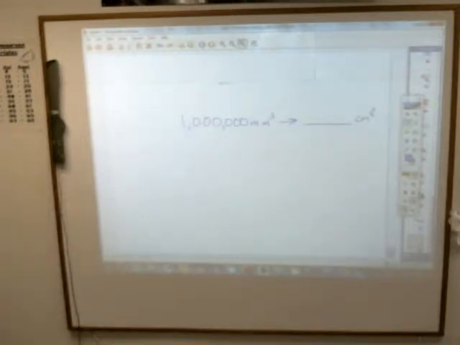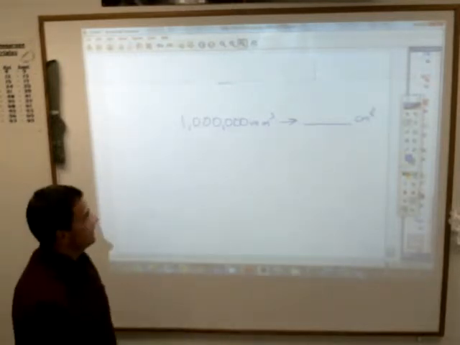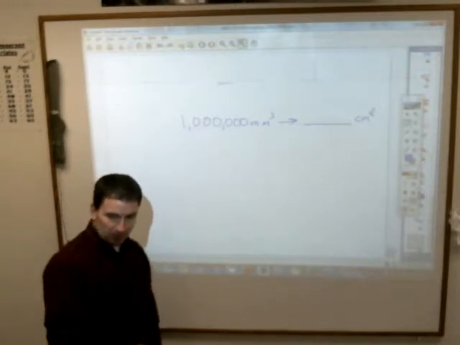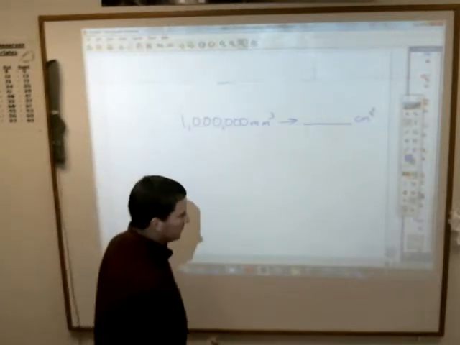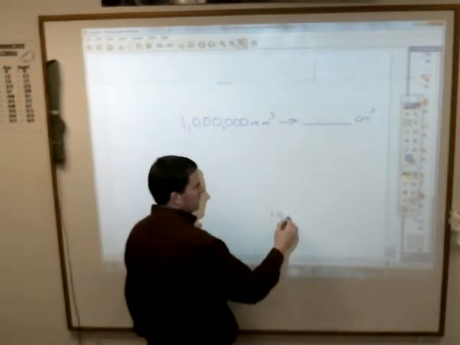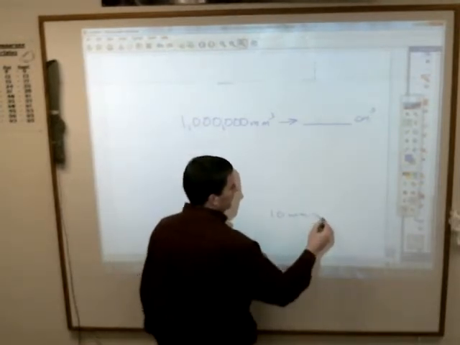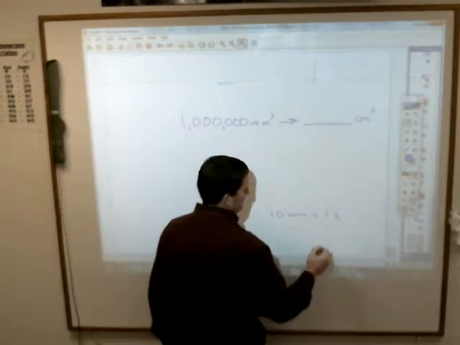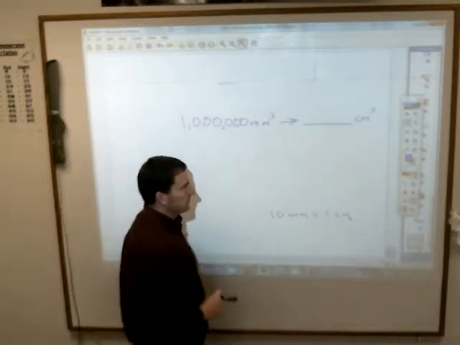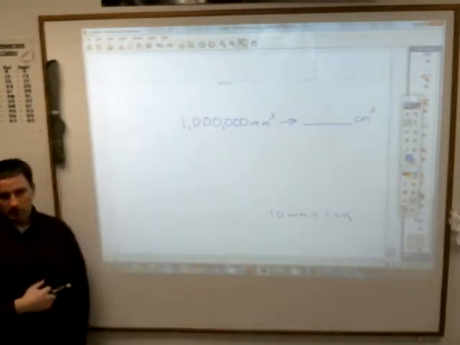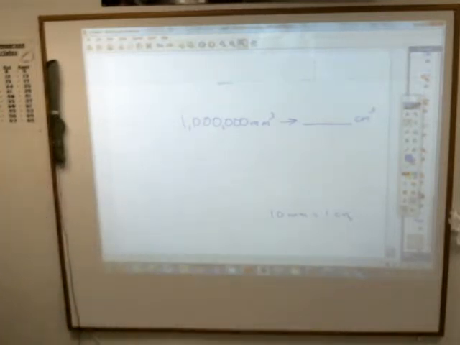That will allow you the great opportunity of doing this yourself. I will let you know how many millimeters are in a centimeter. 10. If you look at your little ruler, there are 10 millimeters for every 1 centimeter. I'll give you a chance to do that before a thorough tongue lashing occurs.